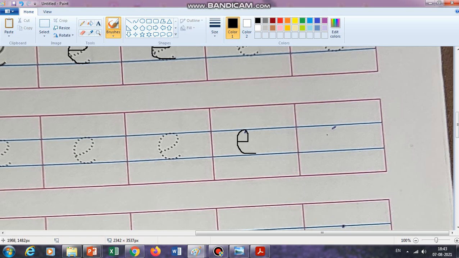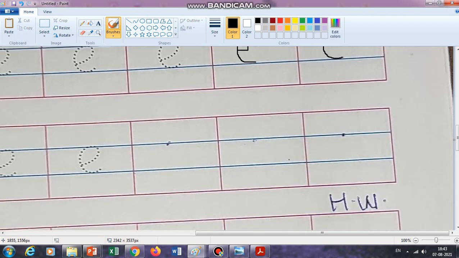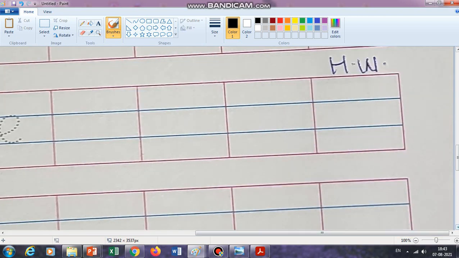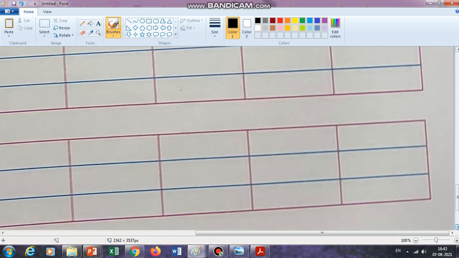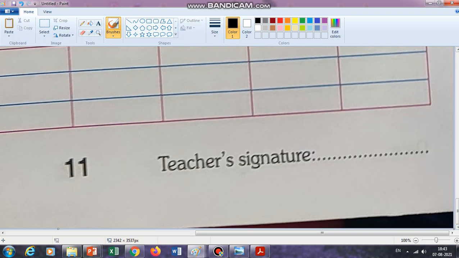E. Again, E. This way you will finish the small e in English workbook, page number 11.